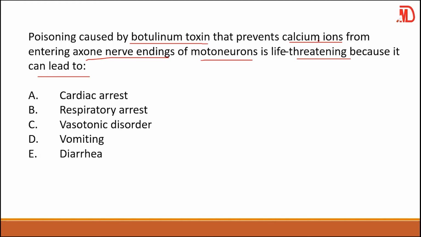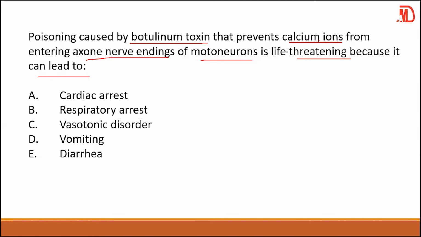Because due to the absence of calcium, it is preventing acetylcholine from functioning properly. And when acetylcholine is not functioning properly, what can happen is paralysis of the respiratory and the skeletal muscles.